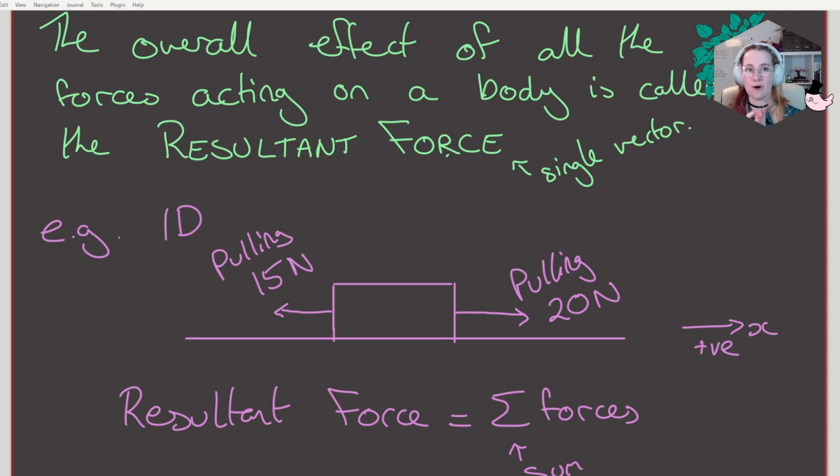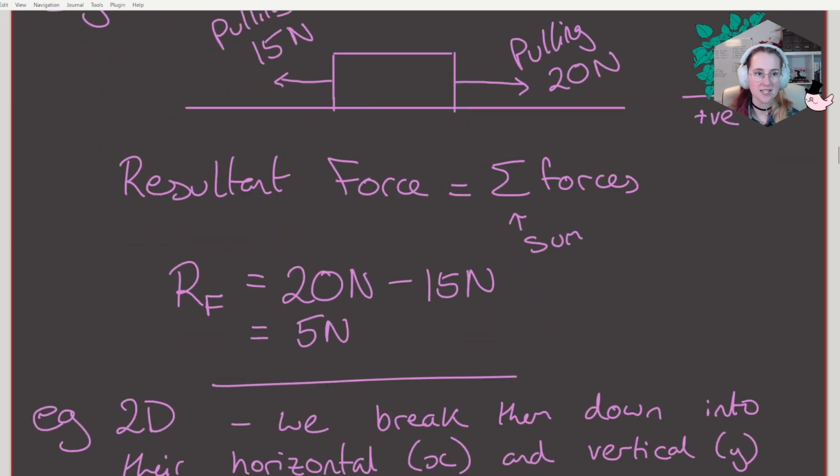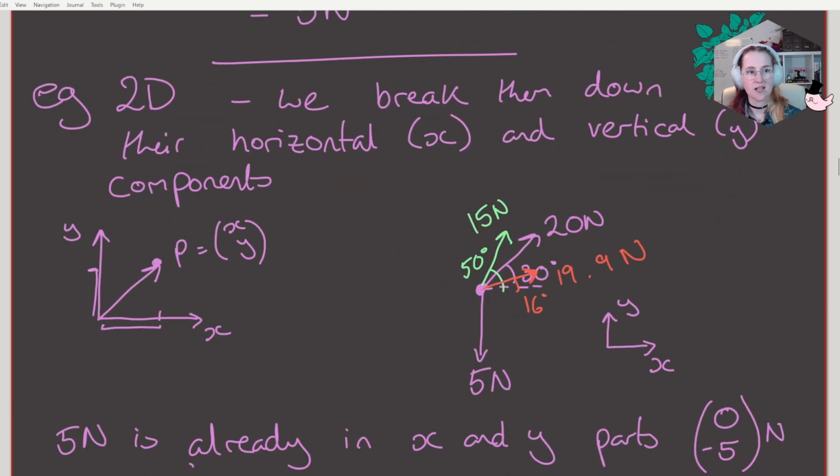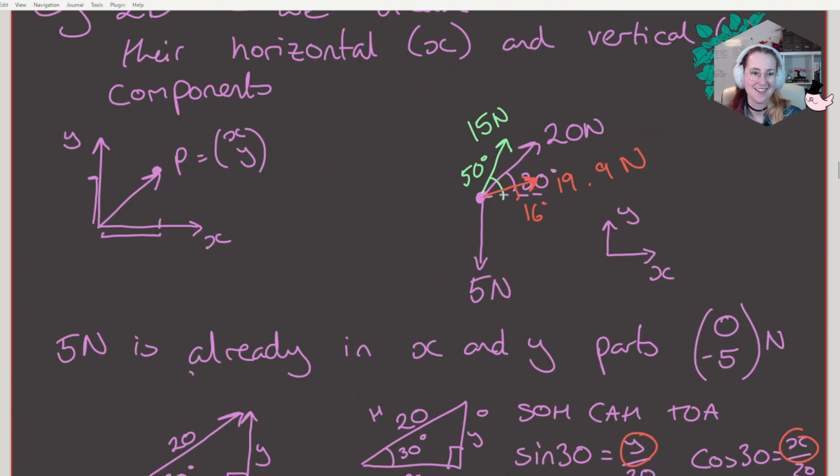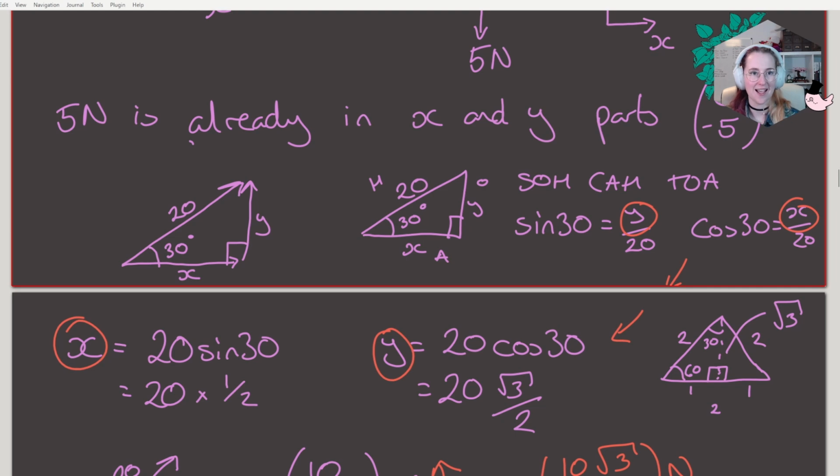If I just want to draw one arrow on my force diagram, where is it? How big is it? So we did an example in 1D that went brilliantly. We did an example in 2D that went wrong, because Kat is bad at remembering how to be consistent.